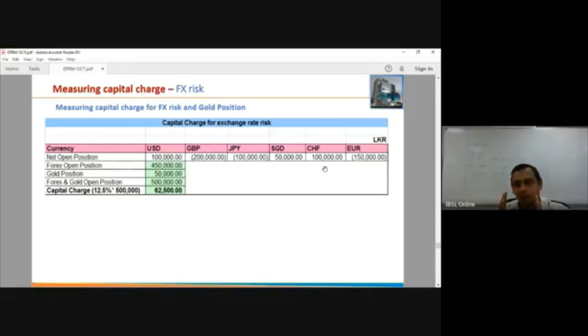Therefore, you can't put the non-core currencies under one bucket. Even if the exposure may be less, you have to compute it separately, right? Because you have to report the return in rupees. So every currency you have to convert into local currency using the exchange rate as at the reporting date, right? Therefore, if you put all other currencies together, that computation does not correctly address the currency risk. So that is not correct.